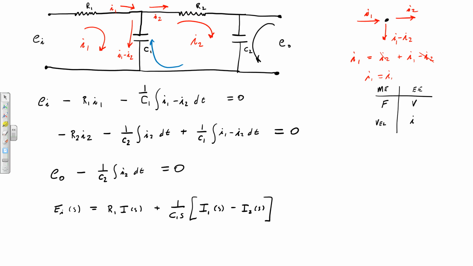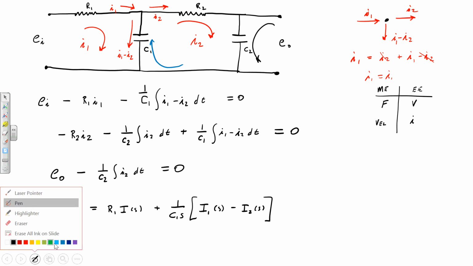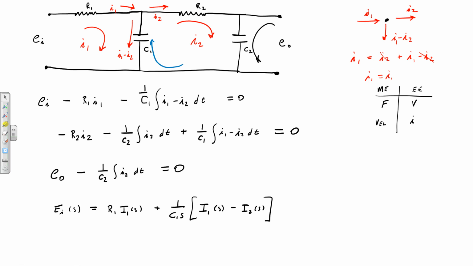Okay, like that. Would the I instead of I1 be I1? Yeah, maybe be explicit. You're right. Yes. Okay, yeah. So that's one equation.